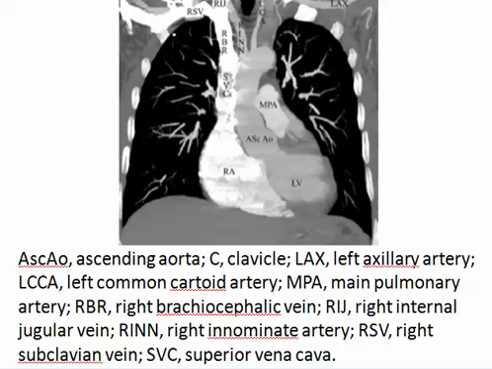And then this right brachiocephalic vein is going to the superior vena cava and finally to the right atrium.